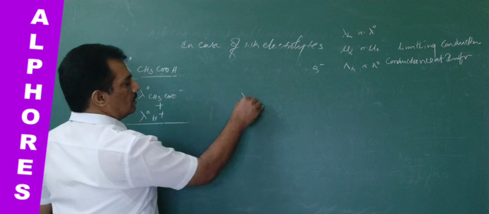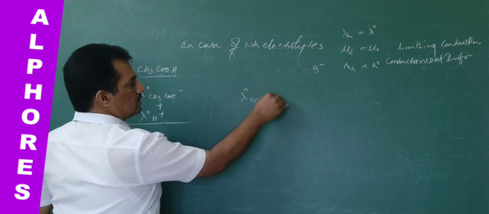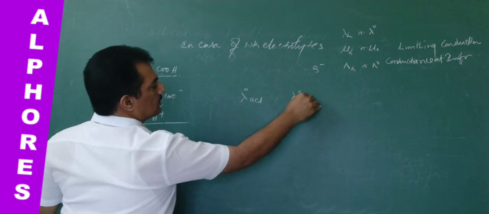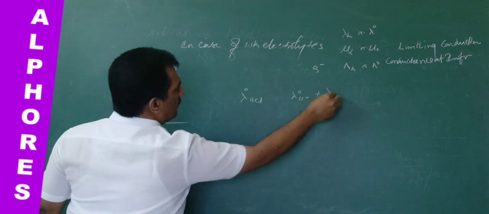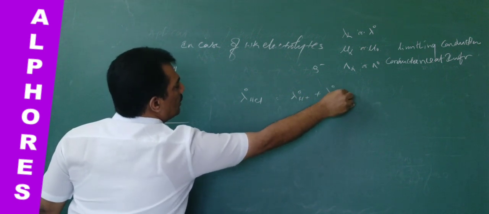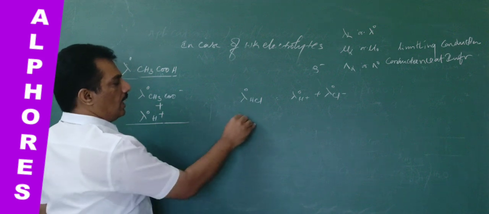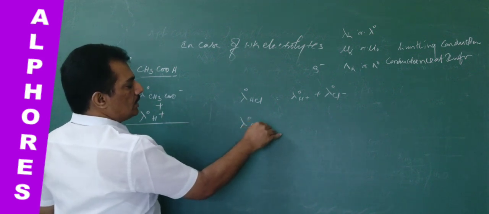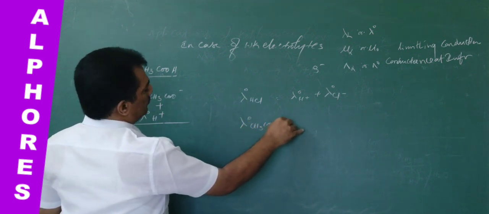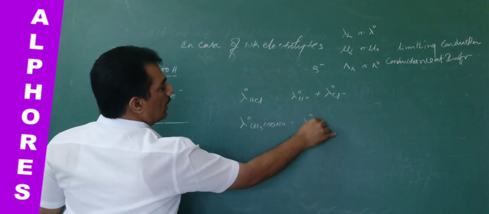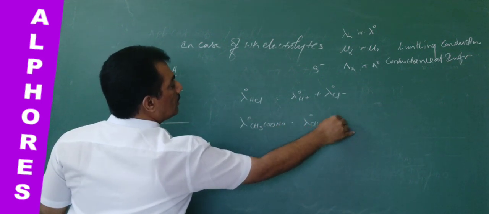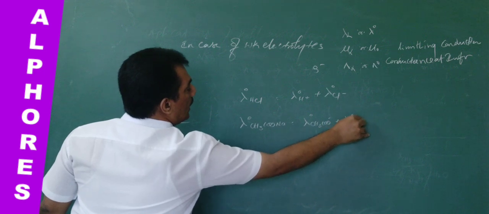We are getting lambda naught HCl, where lambda naught H plus we already discussed. And from sodium acetate we are getting lambda naught acetate ion and lambda naught Na plus.